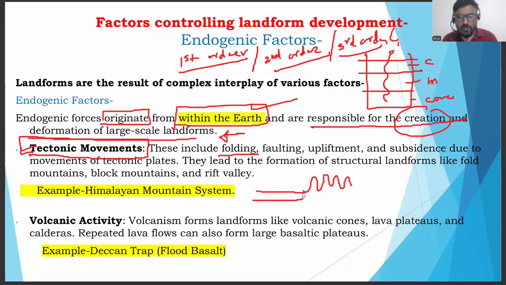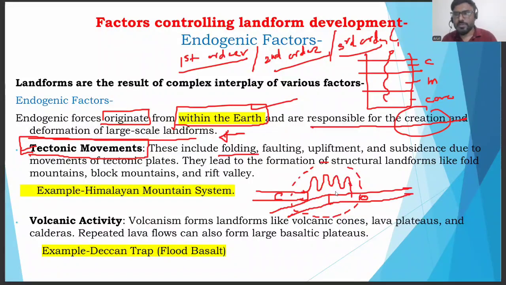For example, this is one plate and this is another plate. This plate gets subducted beneath the other plate. Suppose this is a continental plate and an oceanic plate. Because of subduction there is a formation of a zone of subduction, and later it leads to the folding process, right? For example, the Himalayas are a famous example.